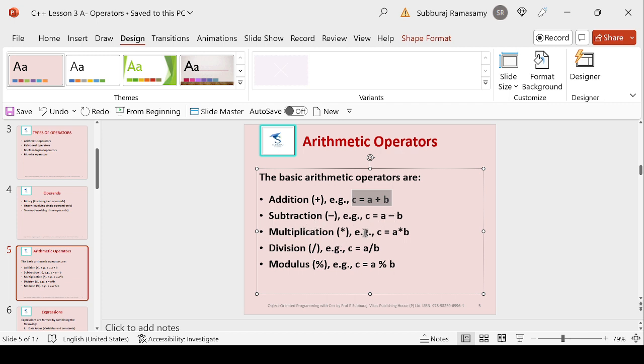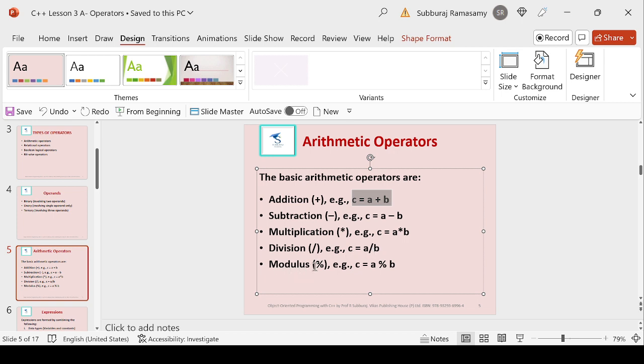Multiplication: C is equal to 8 into 5, where into is star. Division: C is equal to 8 by 5. What will the answer be? You will get only 1. If it's floating point, then it may be different. But here, if you divide one integer by another integer, you get only the quotient.